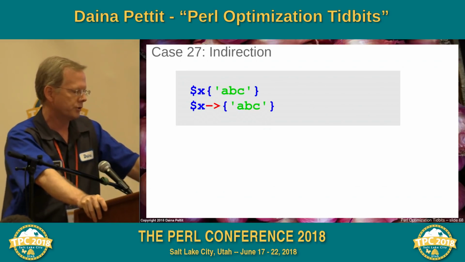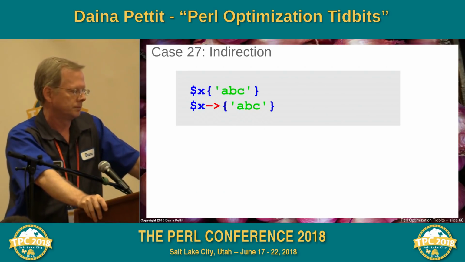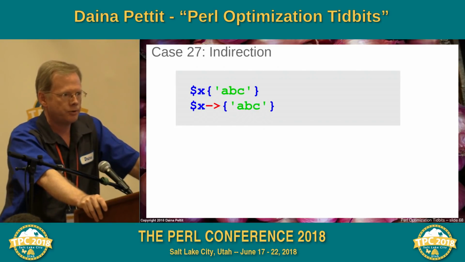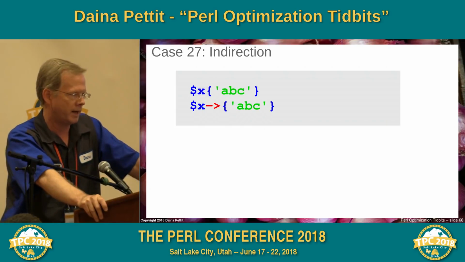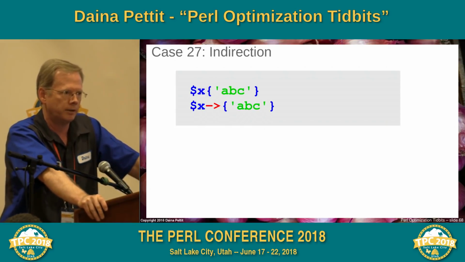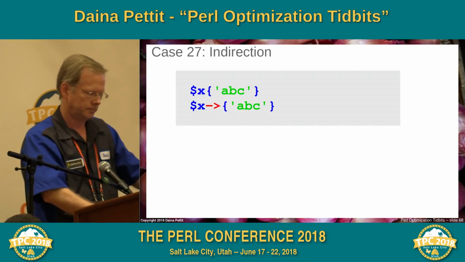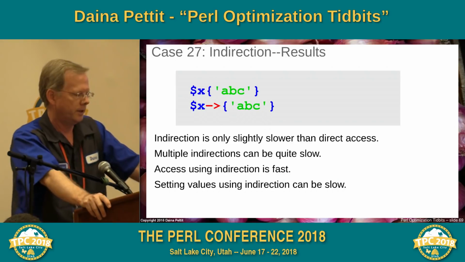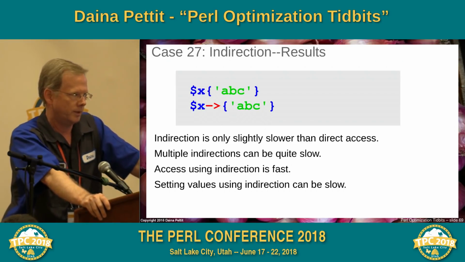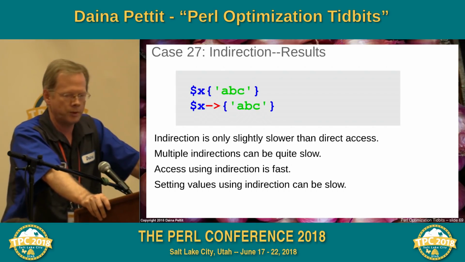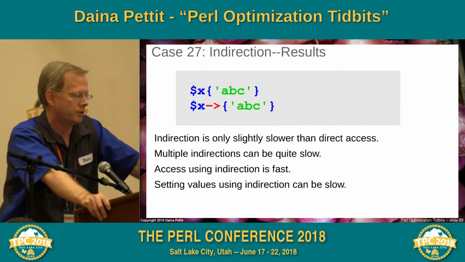Let's look at indirection. If we're indexing into a hash, or we have a hash ref that we index into, how much performance hit do we have with that one level of indirection? It turns out that indirection is only slightly slower. It's almost imperceptible. In the measuring I did, there was really very little difference, but in any measurement there was a slight difference: indirection does cost something, but it's very small.